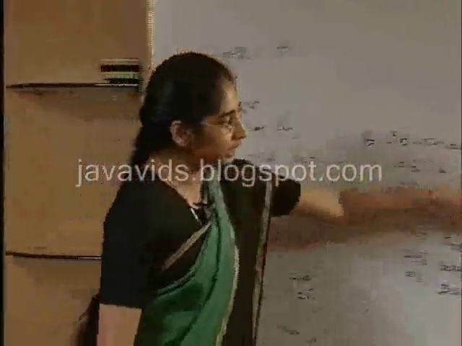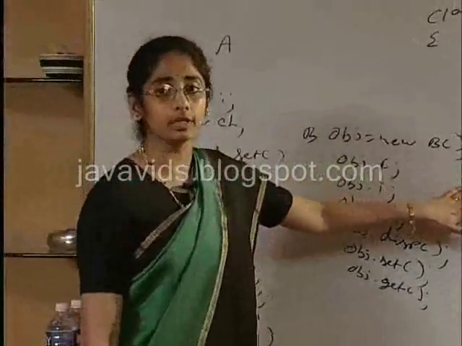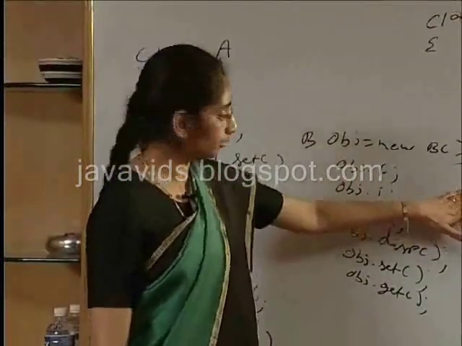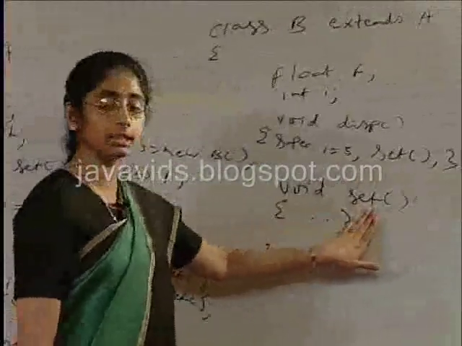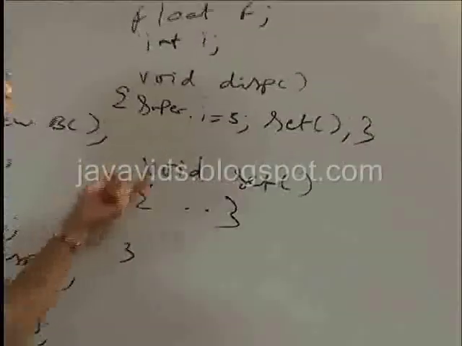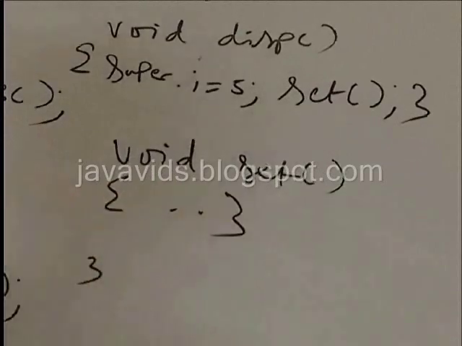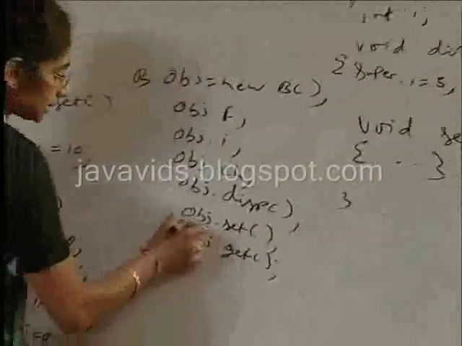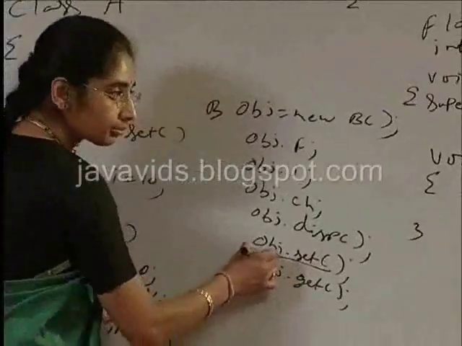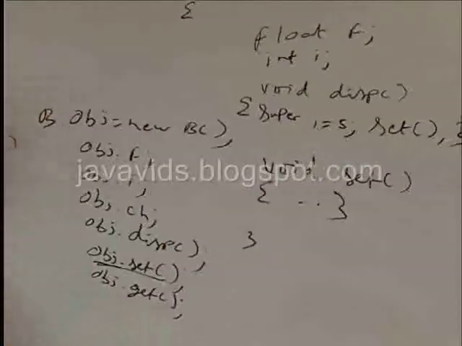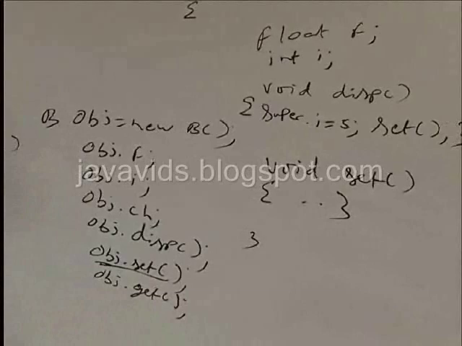Function overriding is basically redefining a function which has been defined in the parent class. When you override a function in the child, you're redefining the entire functionality of the parent. Now, if I were to take this object and call a set method here, it's going to invoke this set rather than the parent's set method, right?